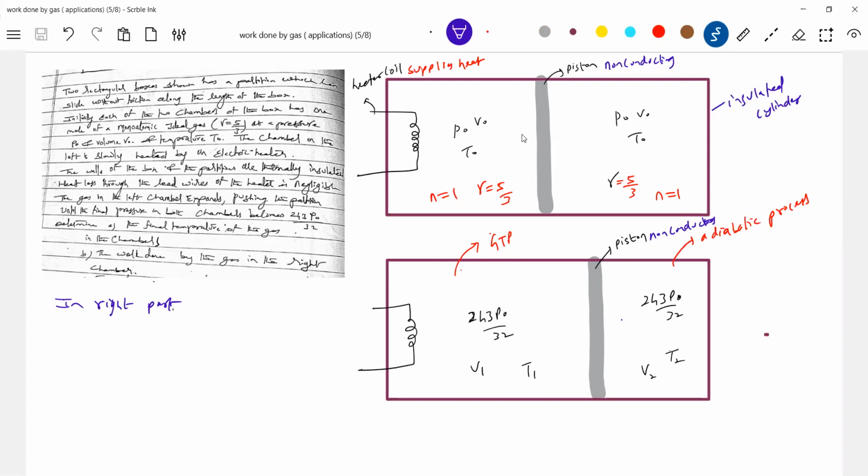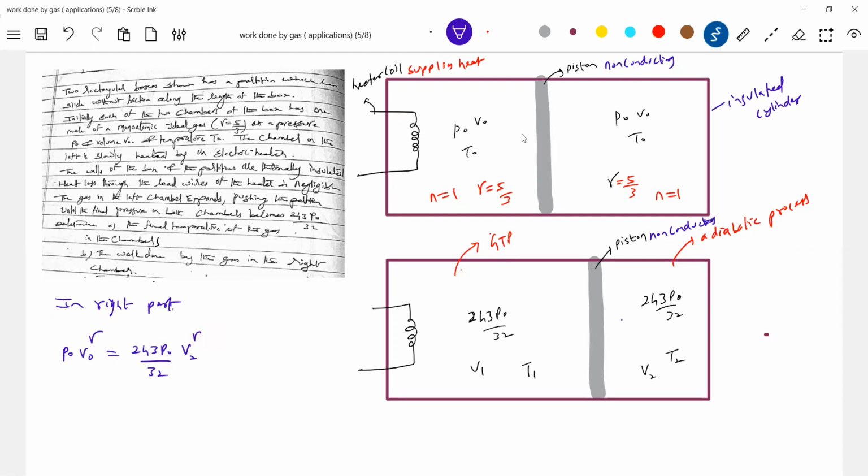For an adiabatic process, how are pressure, volume and temperature related? Initial pressure P naught. Anyway, PV to the power gamma, we can write it. P naught V naught to the gamma equals 243 P naught by 32 times V2 to the gamma.